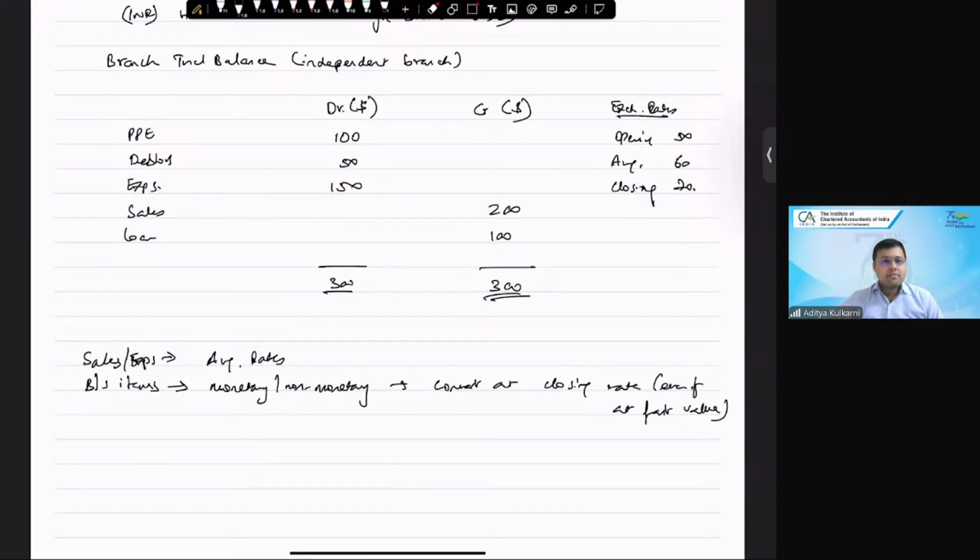Balance sheet items reflect their balances at a particular date, which is 31st of March. That is right. But when I have invested in an asset which I purchased from abroad, it is reflecting the value in my own balance sheet. So there I take the historical rate. I don't take the closing rate. Why?